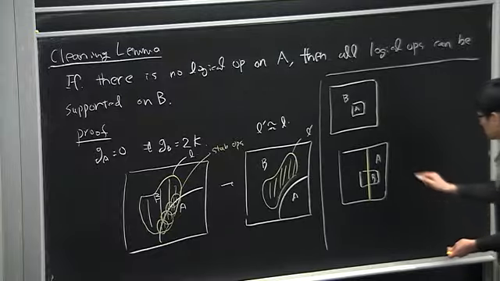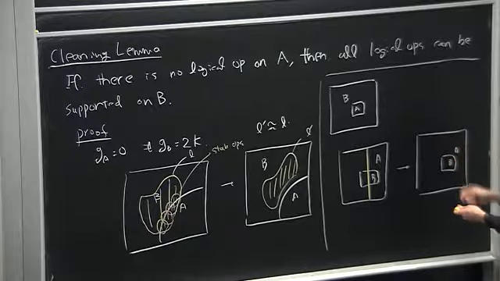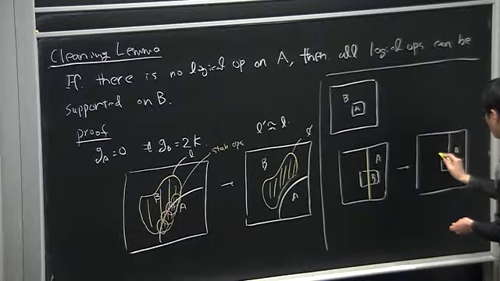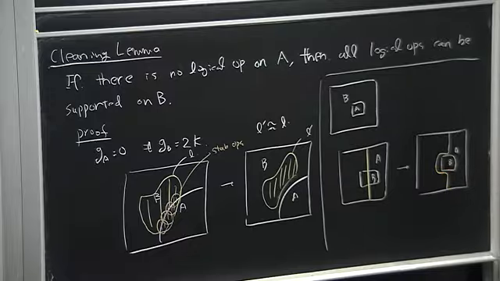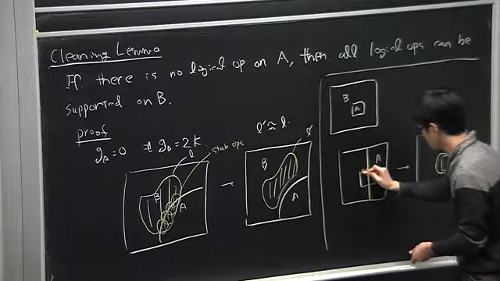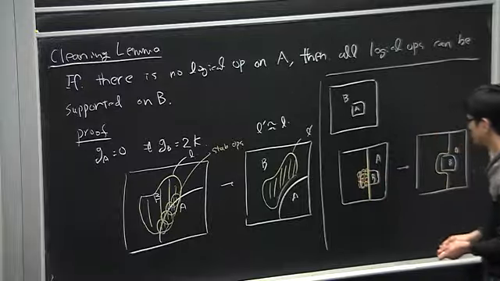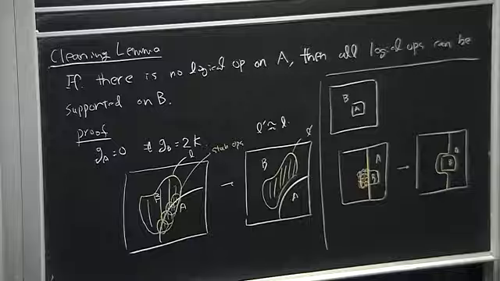But it turns out, as we know, that we can always define this logical operator in a way that this avoids the region B by applying stabilizer generators. And this avoiding can be done by applying stabilizers around here. So for this reason, this is called the cleaning lemma.